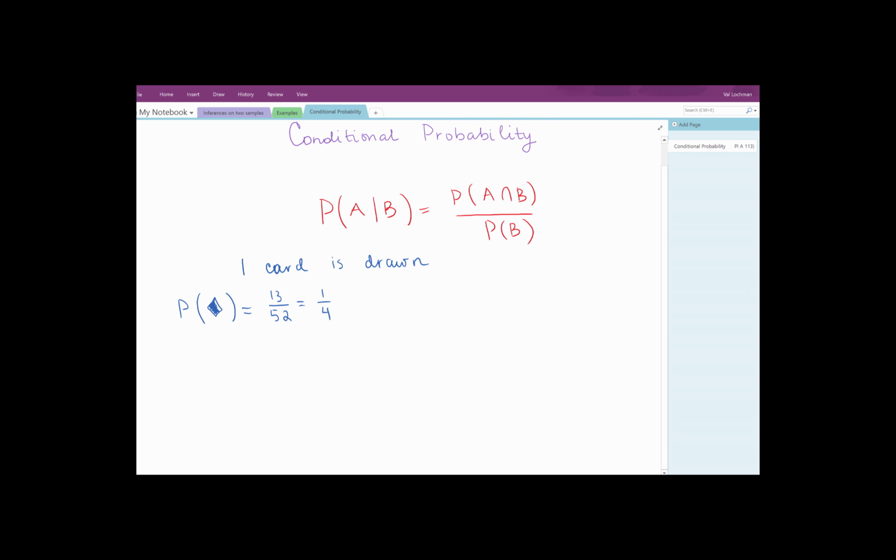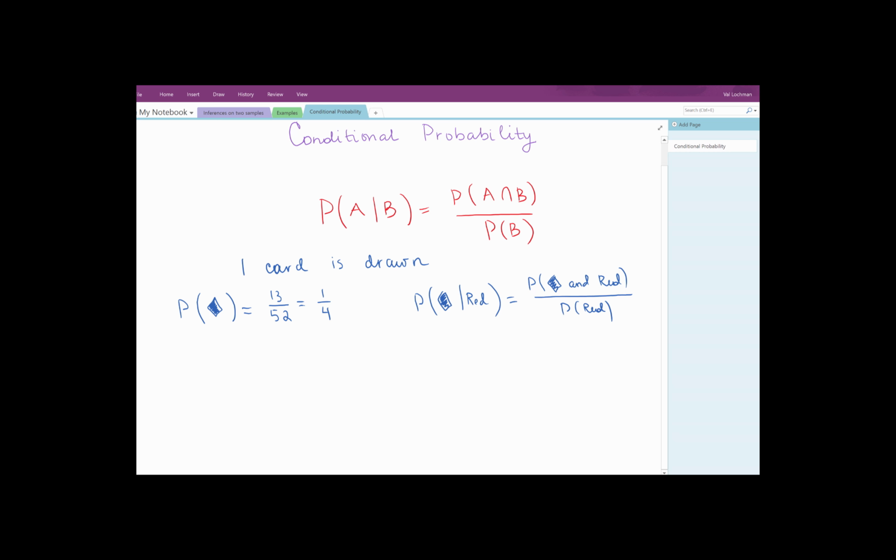Now, what if I said, what is the probability that my card is diamonds, given that it's red? So I gave you some additional information about the event that just happened, and this changes the probability because now we have the probability that it's diamonds and red divided by the probability that it's red.